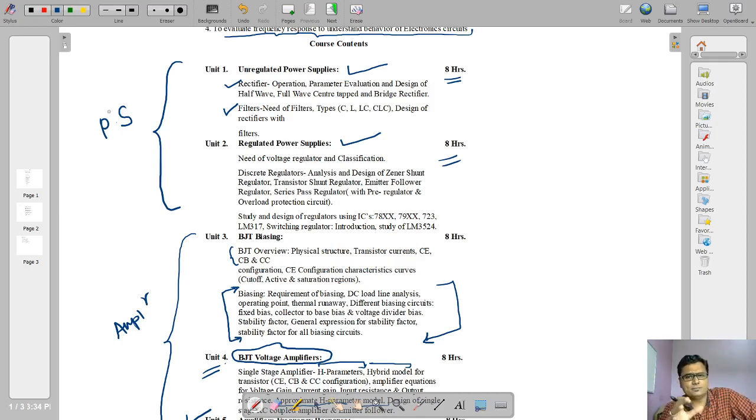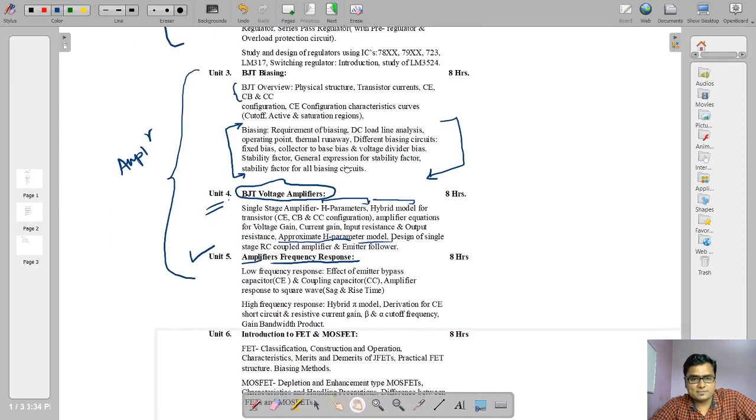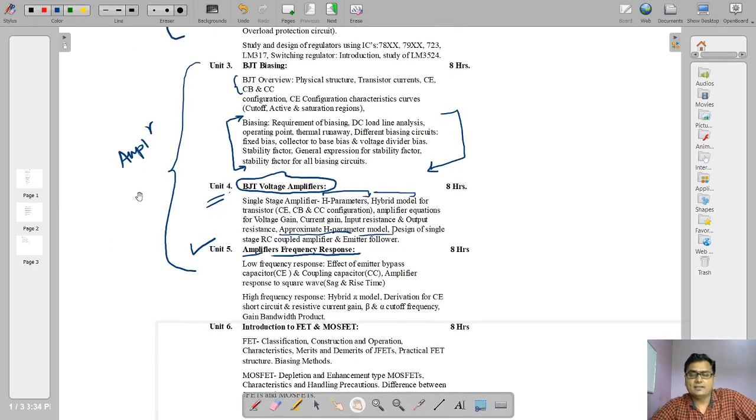You have a mini project in every semester. Every electronic circuit needs a DC supply, and if it needs a DC supply, then you must be able to design and develop your own DC supply. That's the motto. So the first two chapters are related to power supply completely, and chapters 3, 4 and 5 are related to amplifier study completely.